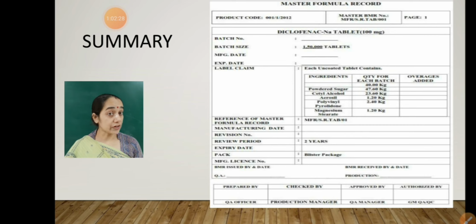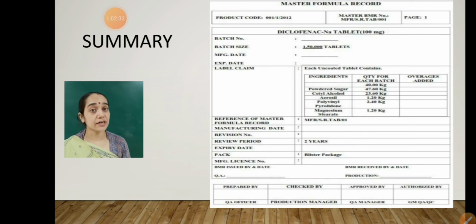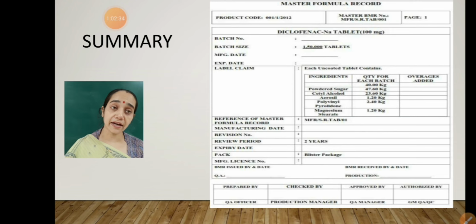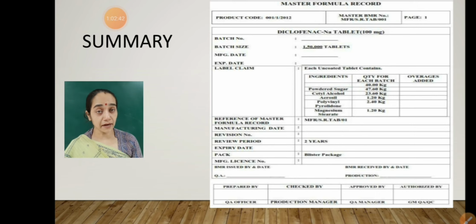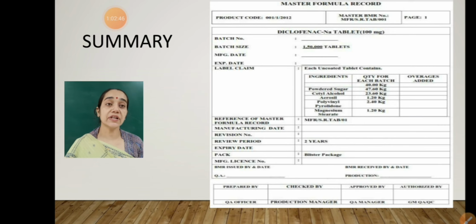Once they have prepared, checked and approved, the signatory authorities, the quality head and the production head, will sign this page, and then this master formula record will be used for the processing of further batches.